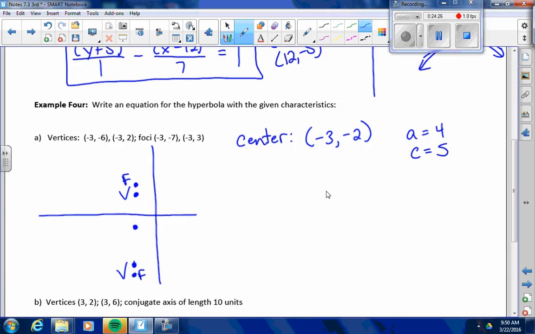B and B squared. So C squared equals A squared plus B squared. C squared is 25. A squared is 16 plus B squared. 25 minus 16 is 9. 9 is B squared. Therefore, B equals 3. So from the center, we're going to go left and right 3 units.